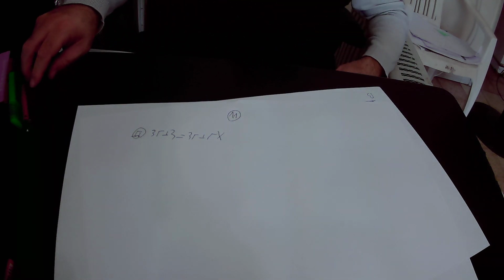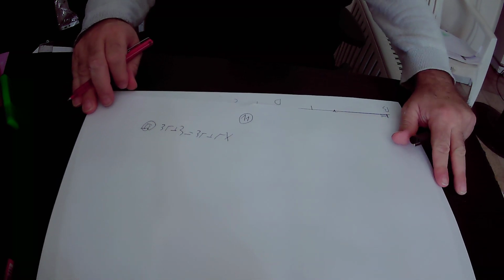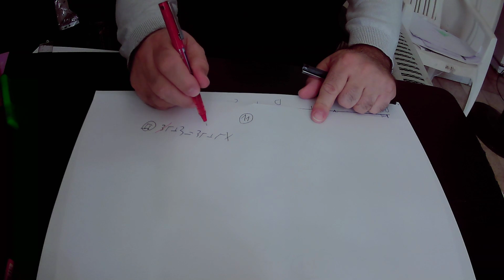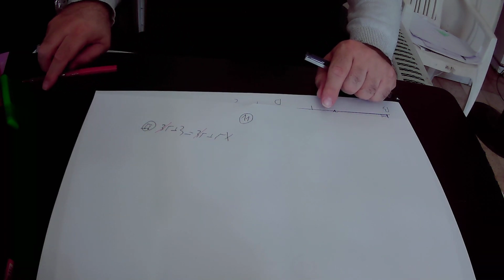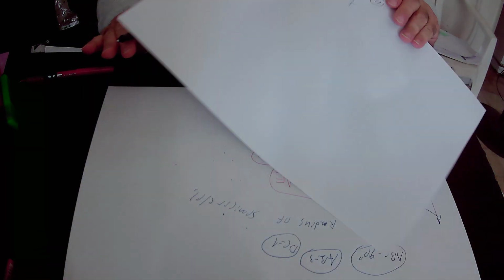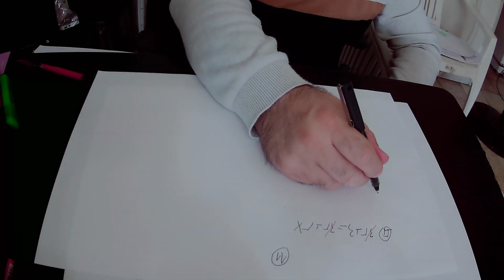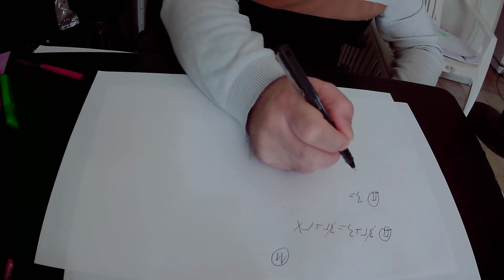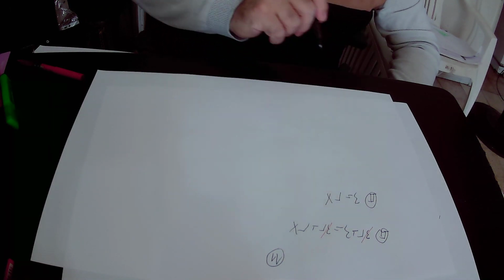So we will subtract 3R from equation number 2, so 3R will get cancelled. And what is left after we cancel 3R? It is actually 3 equals Rx.